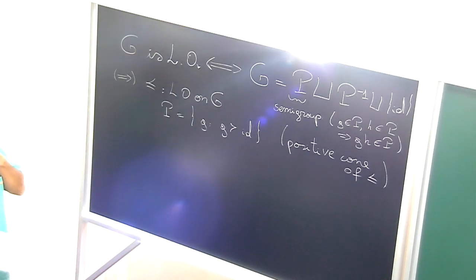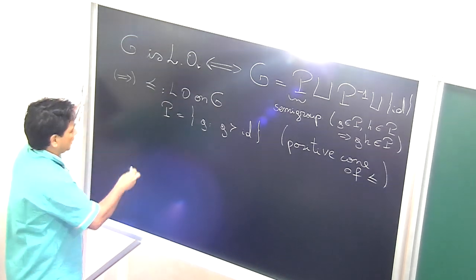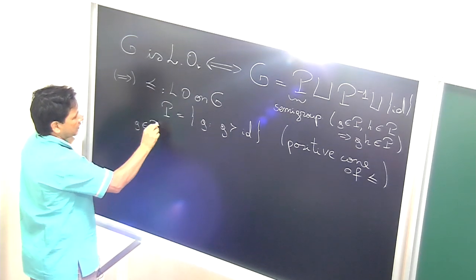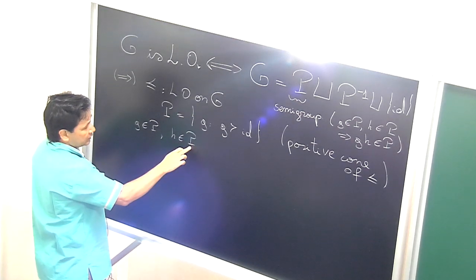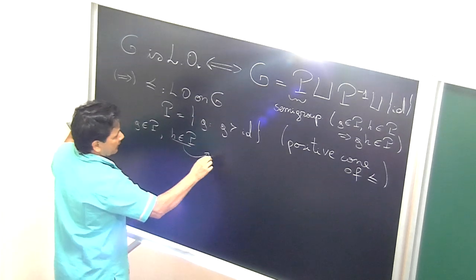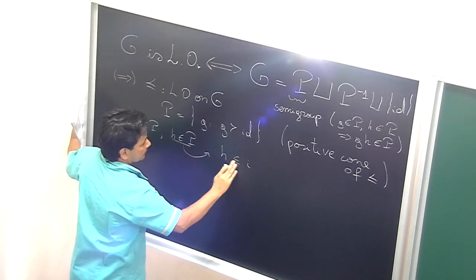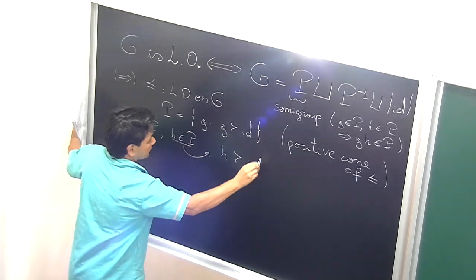Okay? And this is a semigroup because if G is in P and H is in P, well, if H is in P, this means that H is larger than the identity. Yes?